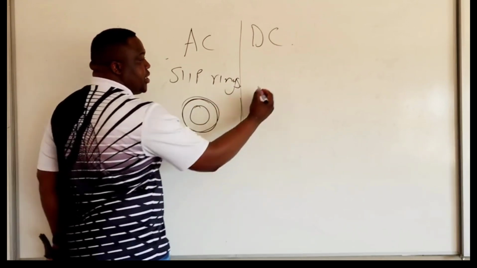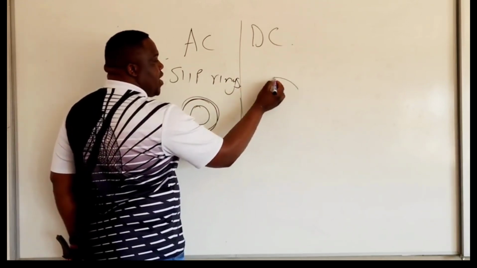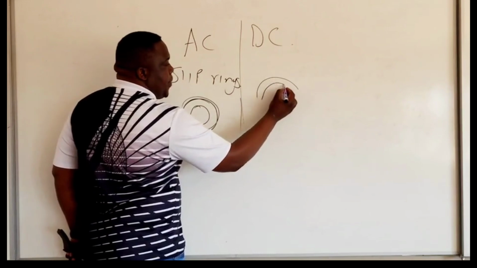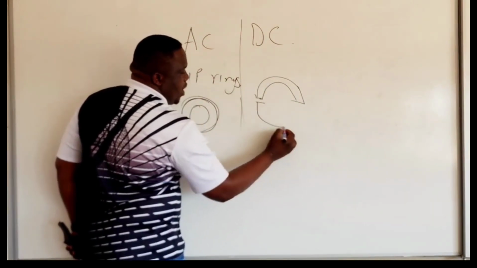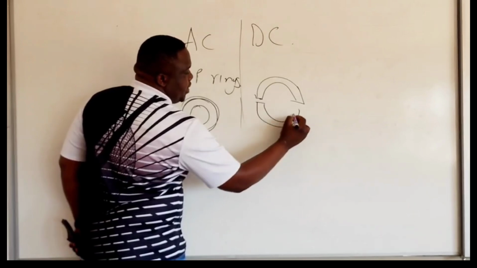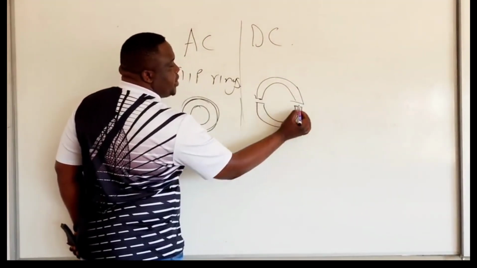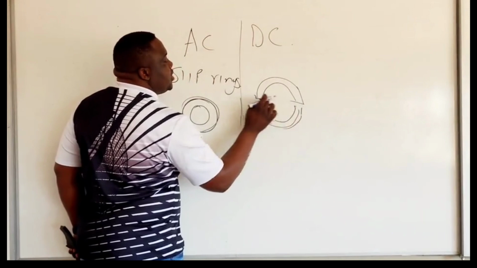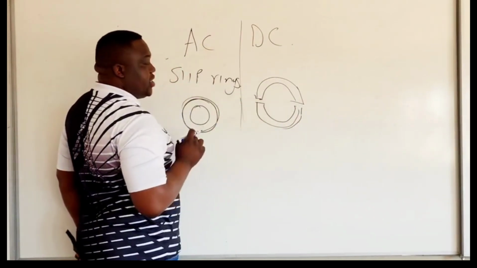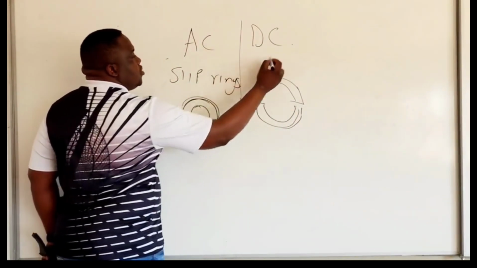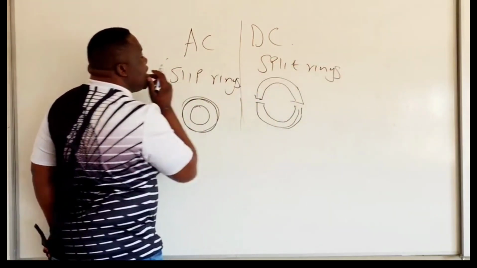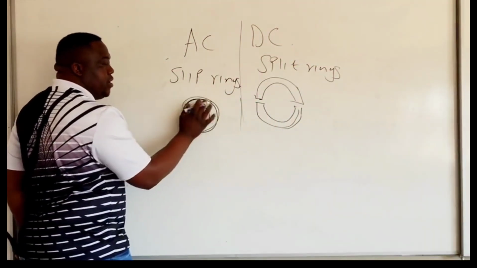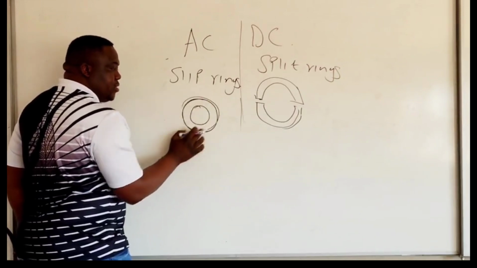But the split ring, you're going to have the upper part of the ring, and then you're going to have a split. So these are splits. So that is the difference. Slip ring: an AC generator has slip rings, continuous.